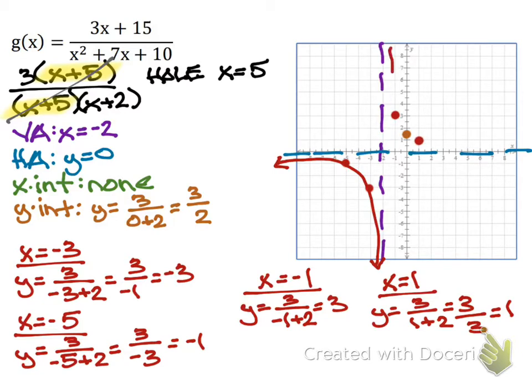And I can see the shape this will take. And then, remember, I have to do my hole, and my hole occurs at x equals 5. So I'm going to follow my graph, and on x equals 5, I'm just going to put an open circle. I hope you found that helpful.